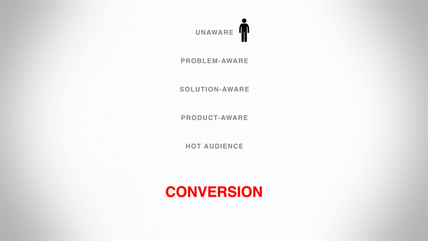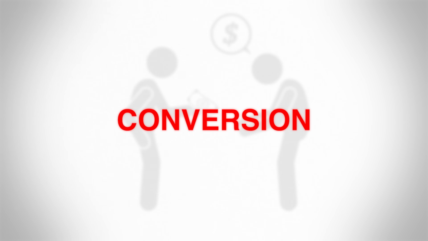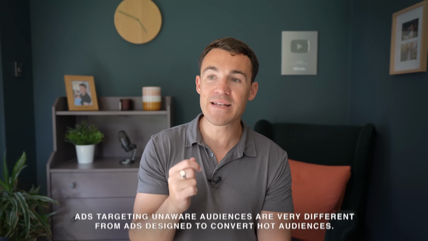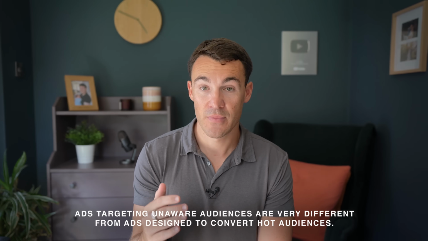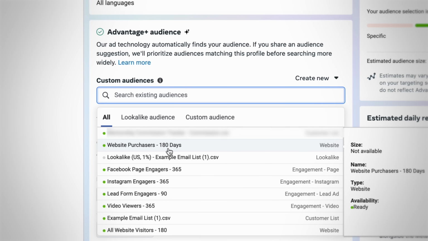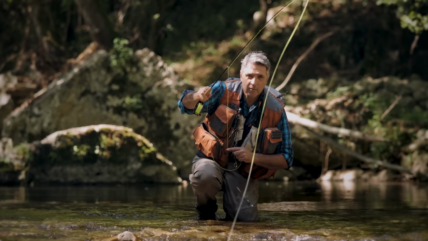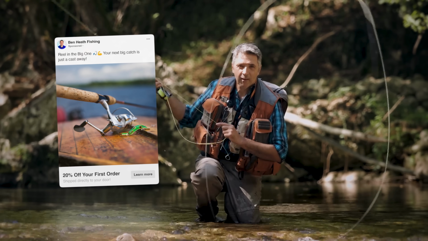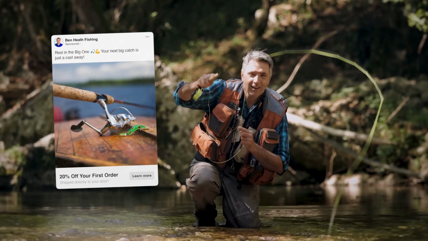Now, the best ad campaigns can take people that are fully unaware and take them all through the process. If you think about the type of ads that do that and how they're pitched, they're very different from, say, ads that are pitched at hot audiences. So a hot audience might be retargeting existing customers, and it might be as simple as a product image with a bit of a discount for a limited time only, and that might absolutely crush with that audience. Really simple ad, the bar is not that high to get that to work.